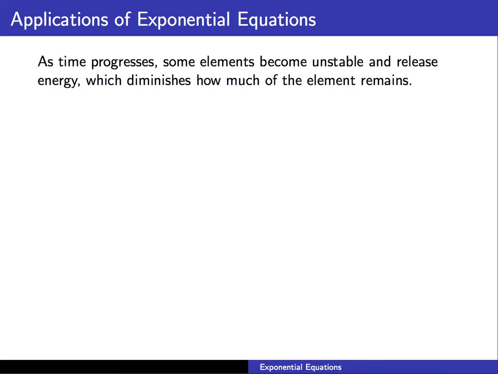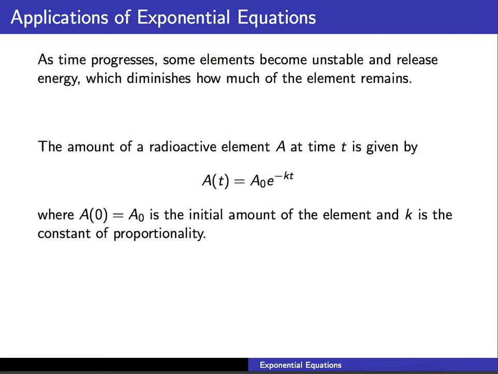But for radioactive decay and half-life, as time progresses, some elements become unstable and release energy, which is going to diminish how much of the element remains. And the amount of a radioactive element, A, which we use a capital A for amount, at any given moment in time, and we typically use a lowercase t for time, is given by this function here.